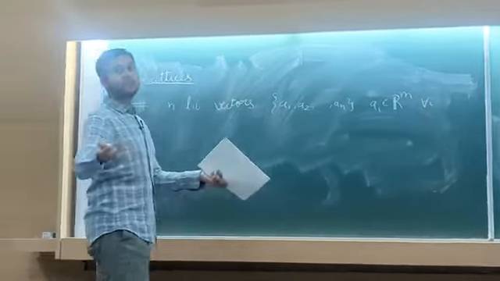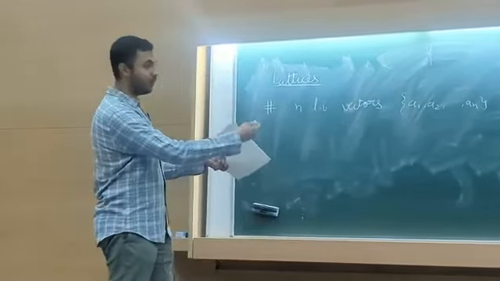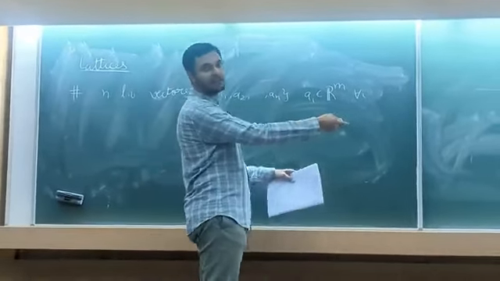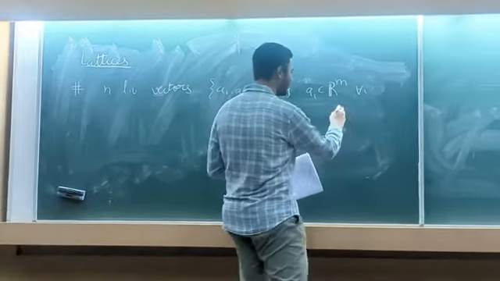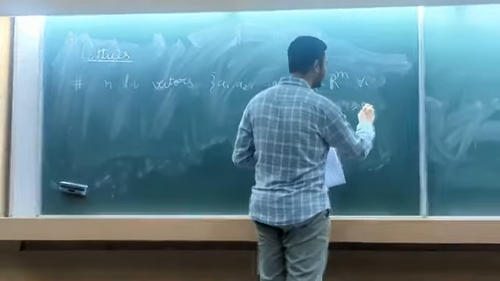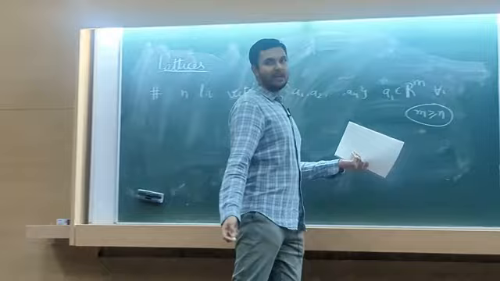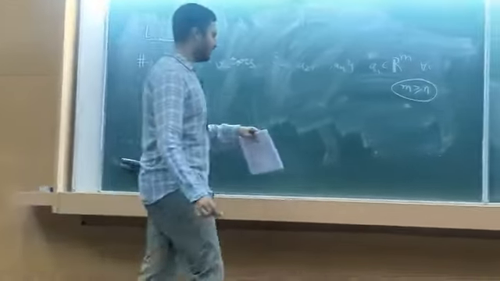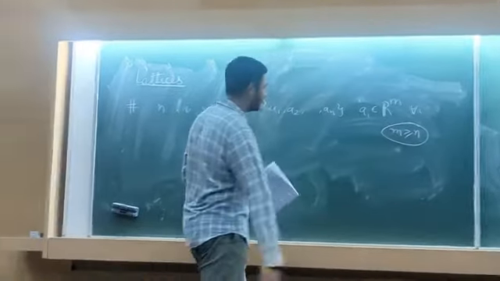Right? So this immediately should tell you something about some sort of order between m and n, because if I have n linearly independent vectors and all of them are in m-dimensional space, that means m should always be greater than or equal to n. Because in an m-dimensional space I can have at most m linearly independent vectors. Right? So this should hold.